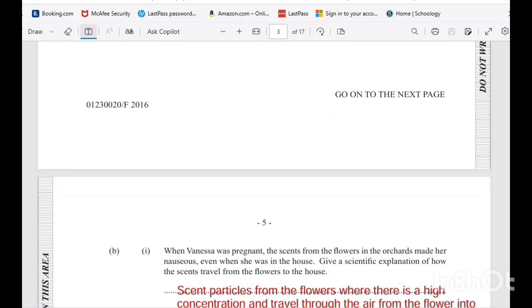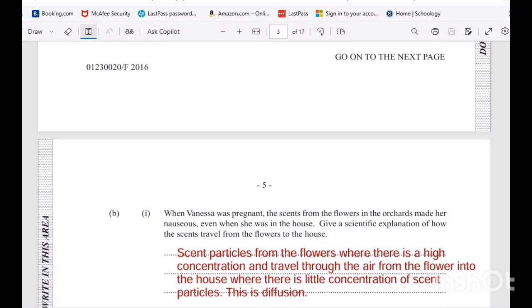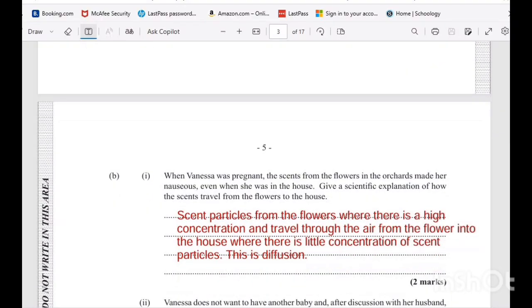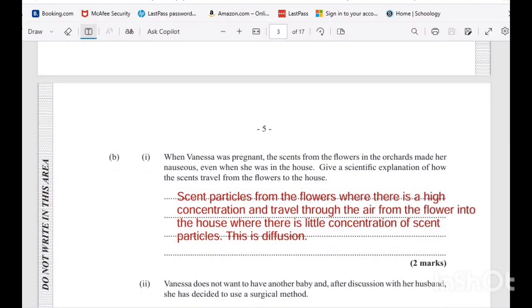If diffusion comes to mind, you are correct. The scent particles from the flowers, where there is a high concentration, travel through the air from the flower into the house, where there is a low concentration of the scent particles, and this is diffusion. And that's for 2 marks.